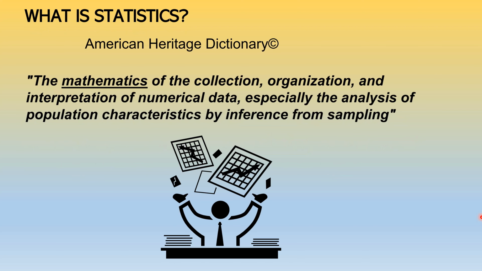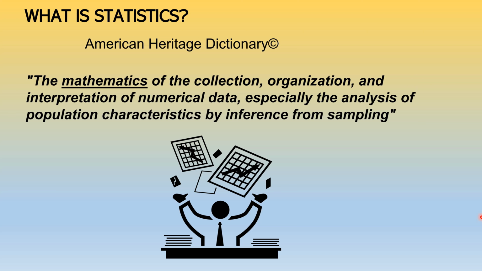The American Heritage Dictionary, for example, would define statistics as the mathematics of the collection, organizing, and interpretation of numerical data, especially the analysis of population characteristics by inference from sampling.